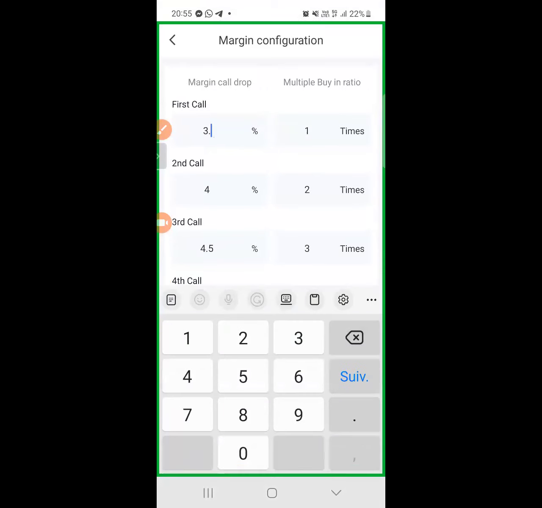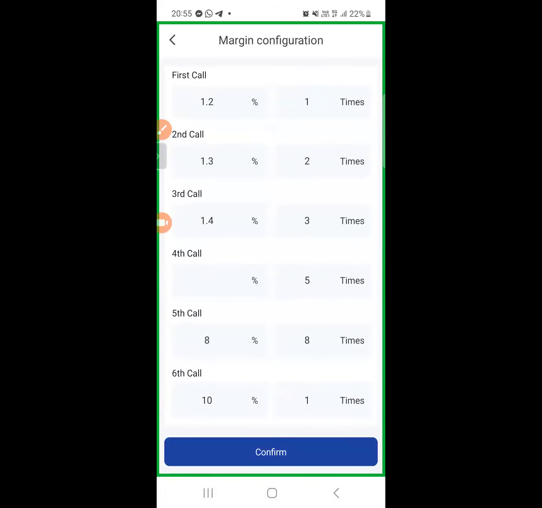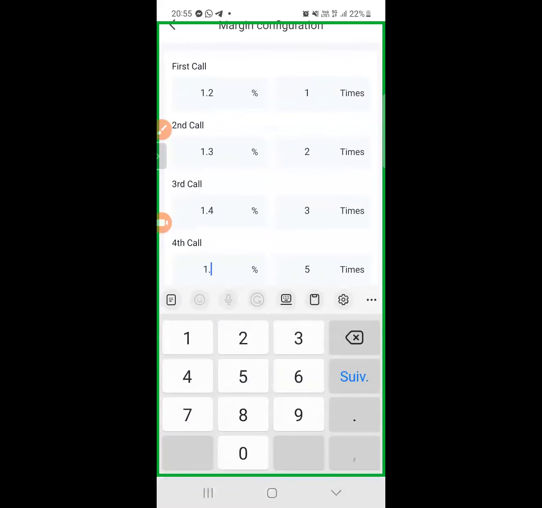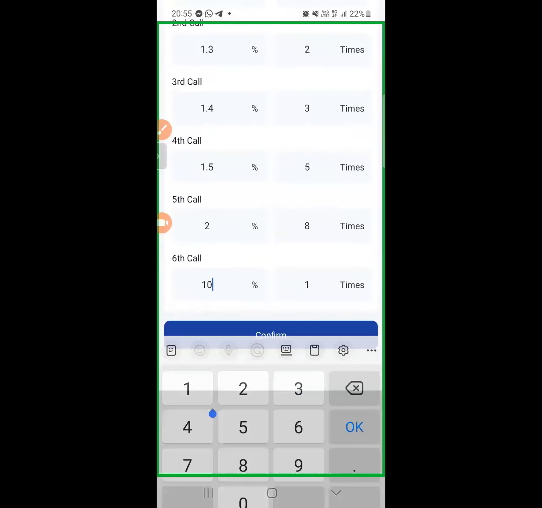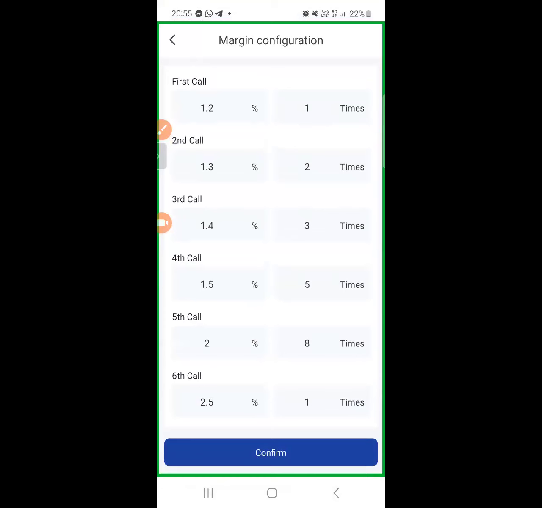Then I come here and I do the settings as I did before. 1.2, 1.3, 1.4, 1.5. Okay, I can make here 2%, then here 2.5. Okay, then I save it.